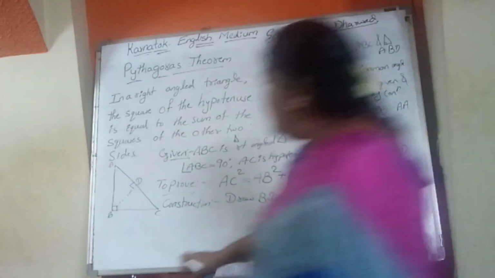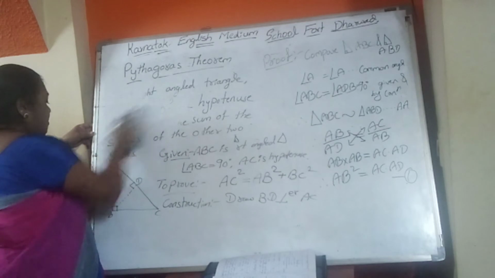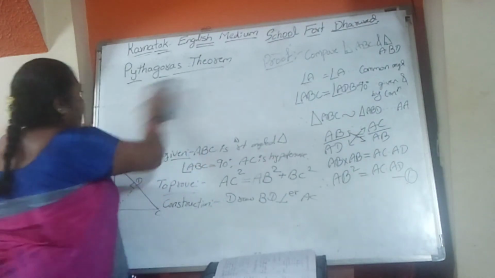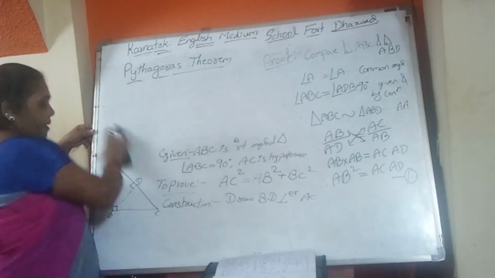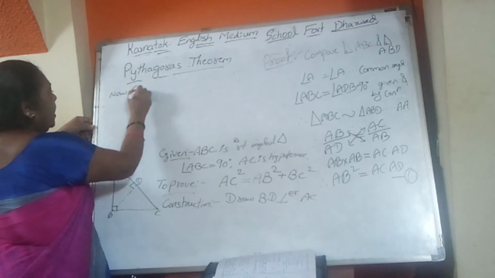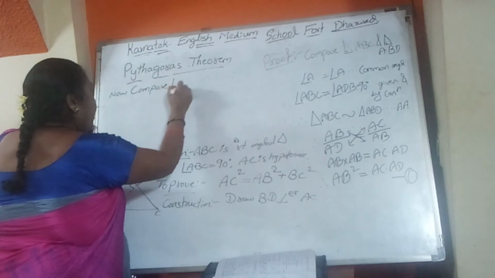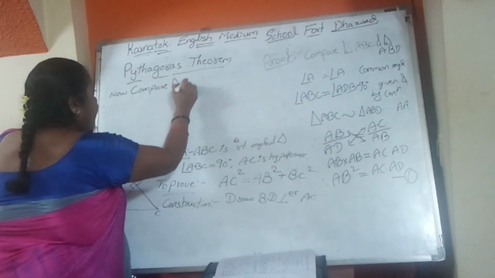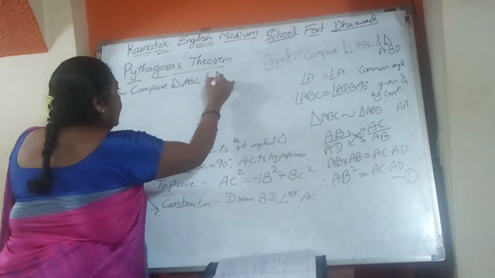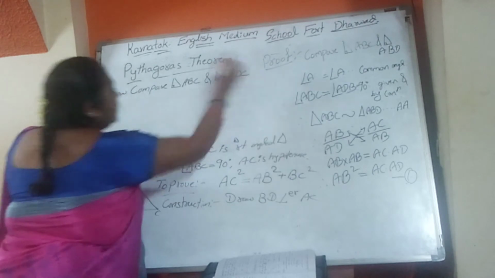Now, shall I rub this statement? You already wrote it. Now compare right angle triangle ABC and right angle triangle BDC.